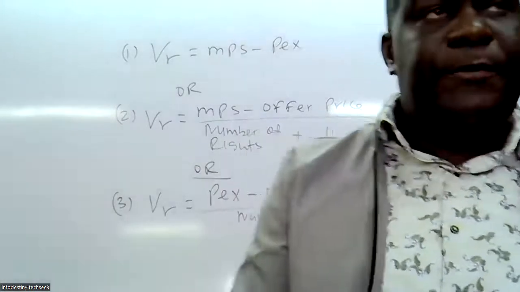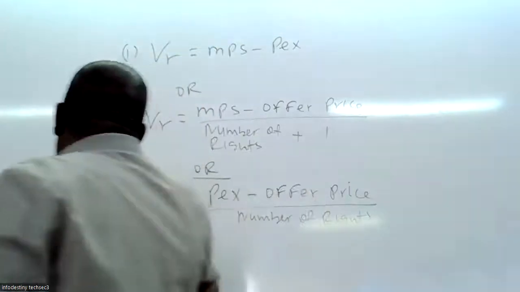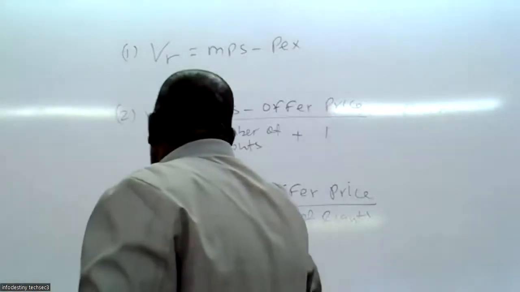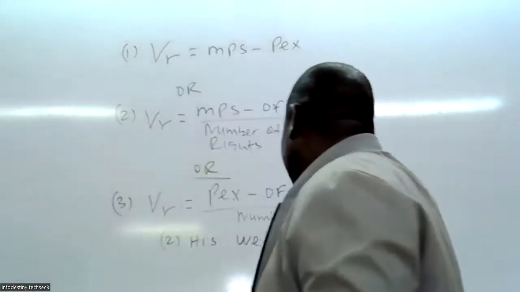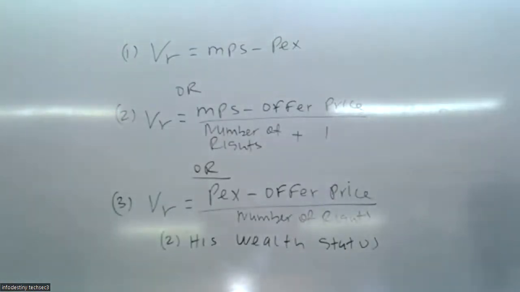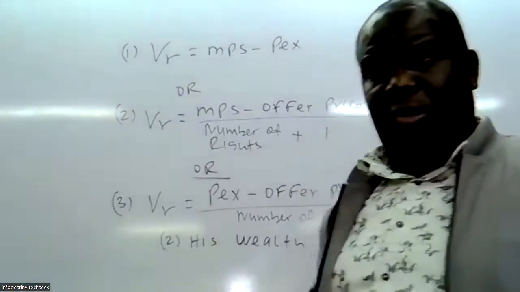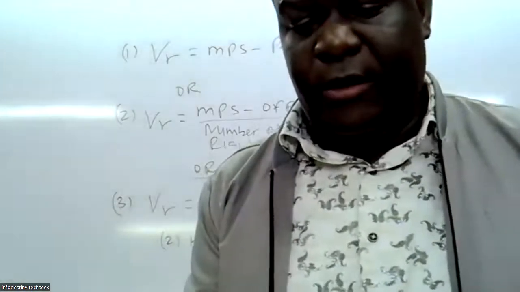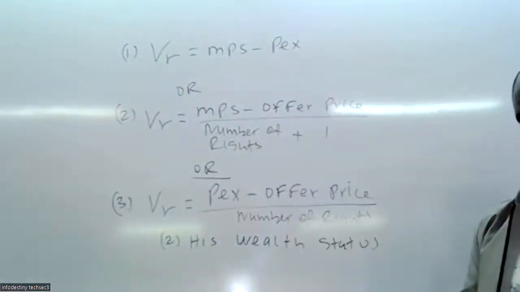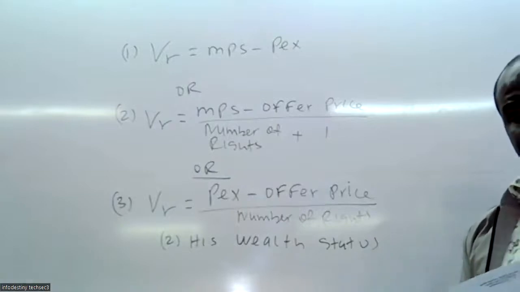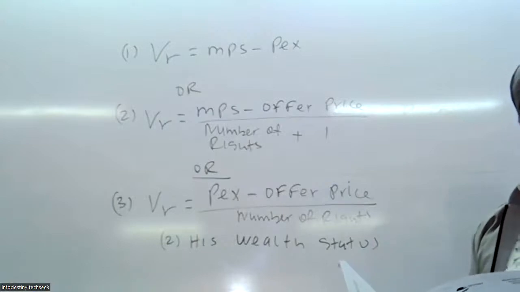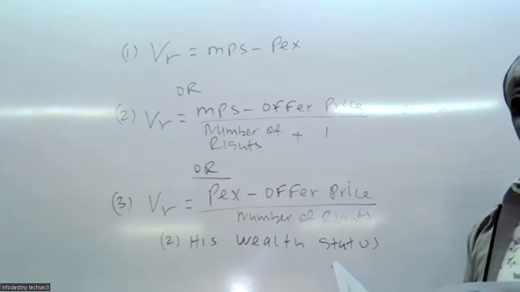Then number 2 will be his wallet status before and after the rights issue.